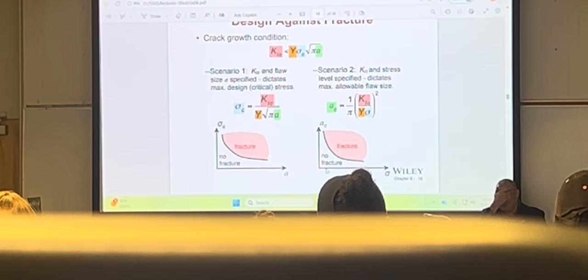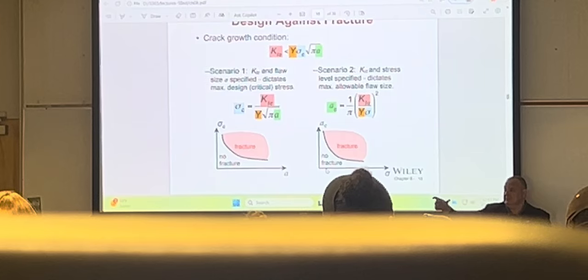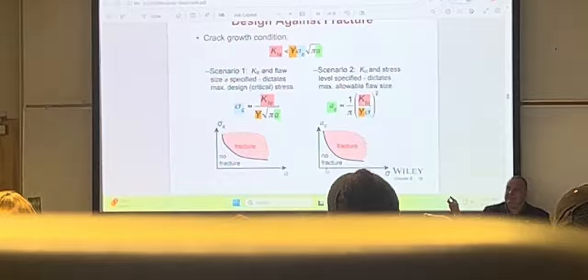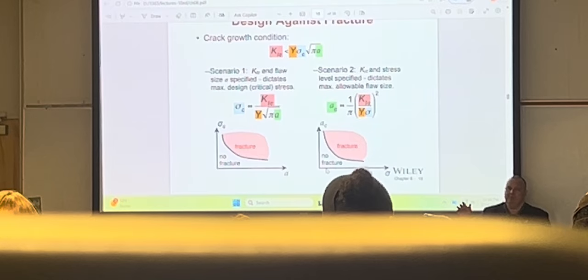I remember when I was a grad student, we did a lab in ceramics course where we took glass rods, and some of them were flame annealed, some of them were scratched with sandpaper, and some of them were tested as received. And each lab, students went in and they tested it in 3-point bending and measured the load at which they fractured.